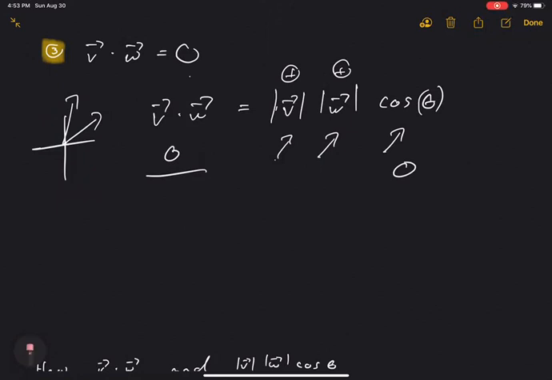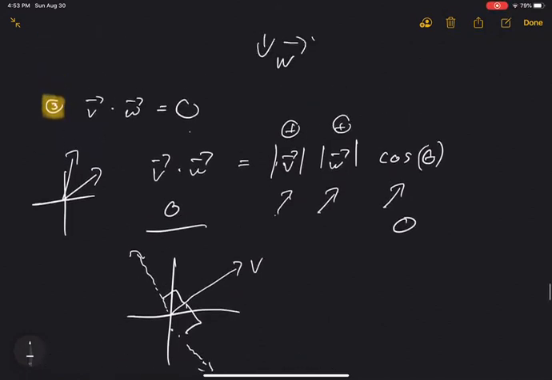So this is telling me my vectors v and w have to be exactly 90 degrees apart. If v is here, my w either has to be here at 90 degrees, or maybe it's here at 90 degrees. It doesn't matter which one. I know the angle between them is going to be exactly 90 degrees.